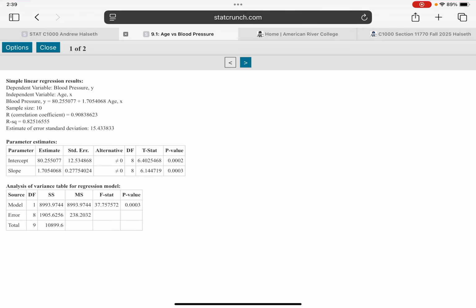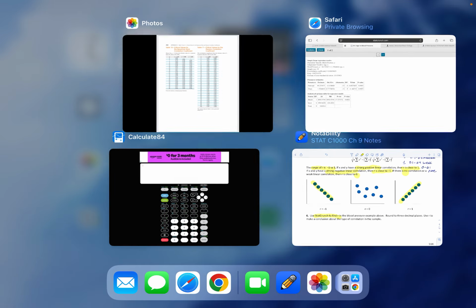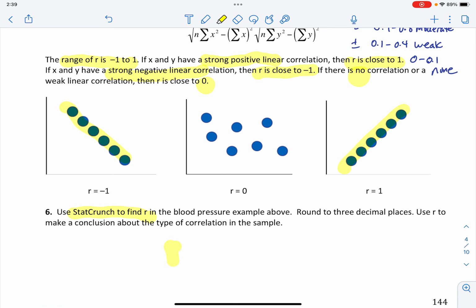Okay, so I'm going to write down that number, 0.908, on my handout. And what kind of correlation is that? Now we have a lot of adjectives.